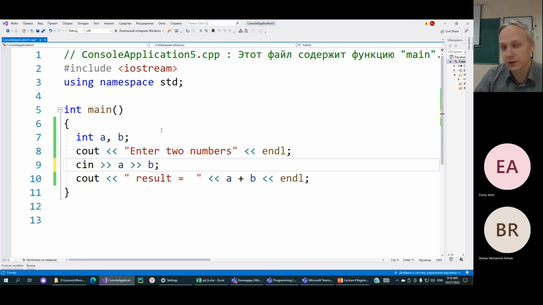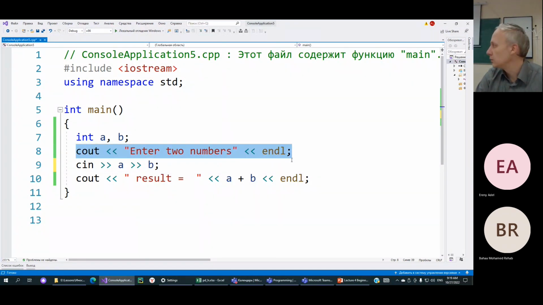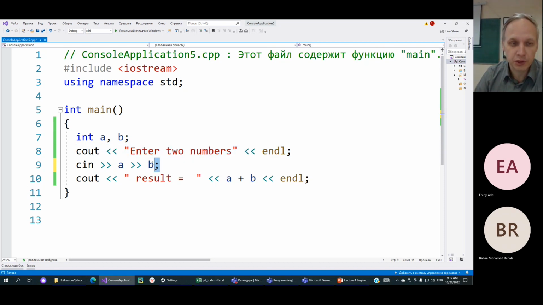First, let me show you the simple program. In practice, you consider input and output statements. We use cout to output some message to the screen. Not only a message, but maybe some number, the result of computation.